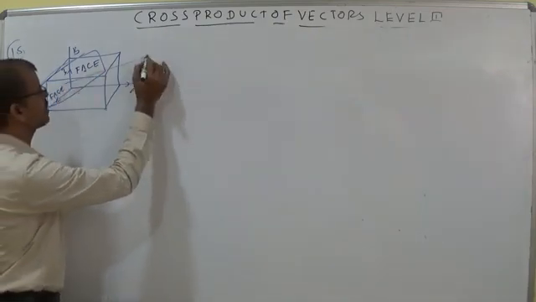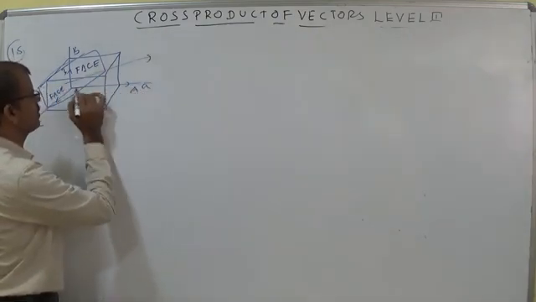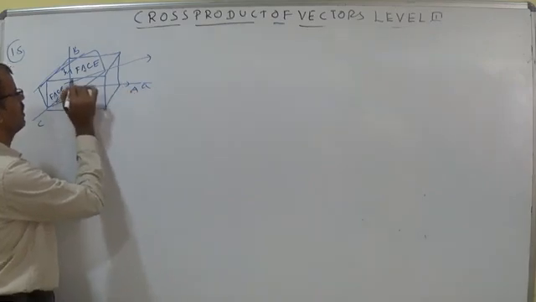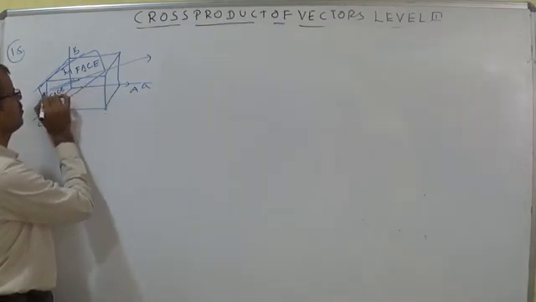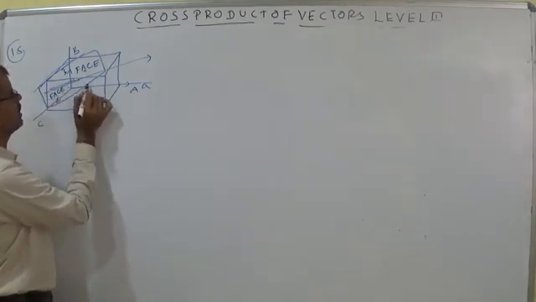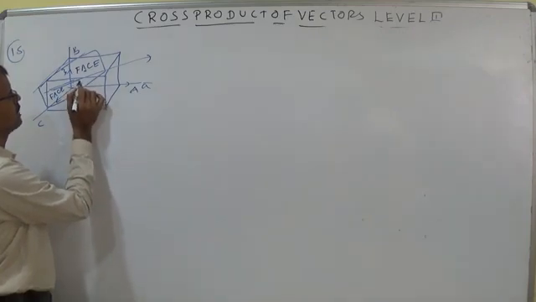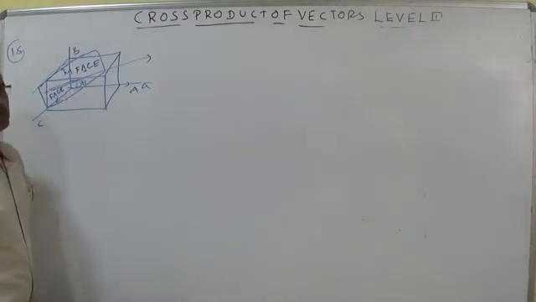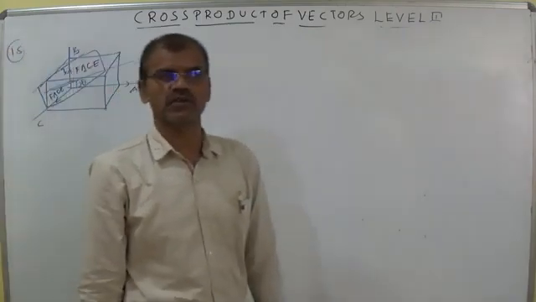A normal vector is there, and here also. This is the line; we need the angle between the line and the plane. We discussed previously that the angle between two planes can be defined as the angle between their normals.